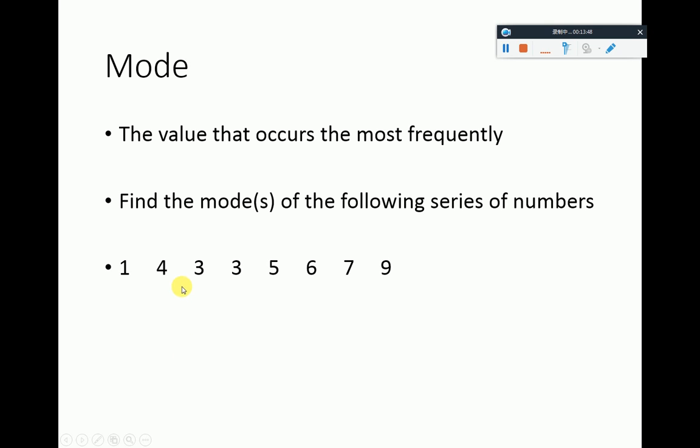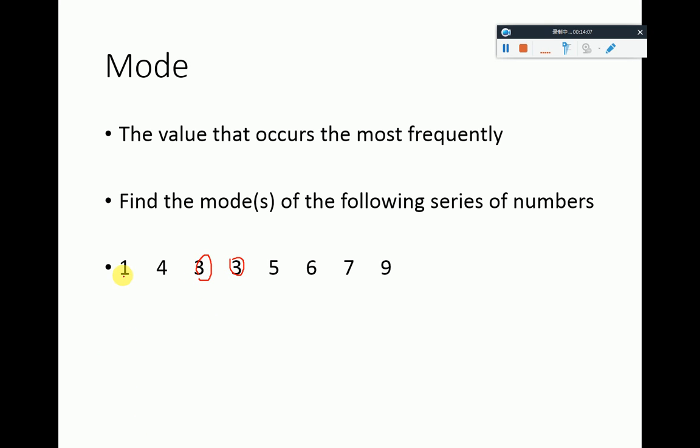All right, 1, 4, 3, 3, 5, 6, 7, 9. What is the mode? You might want to pause before hearing my answer. And the answer is 3, because we have two 3s.